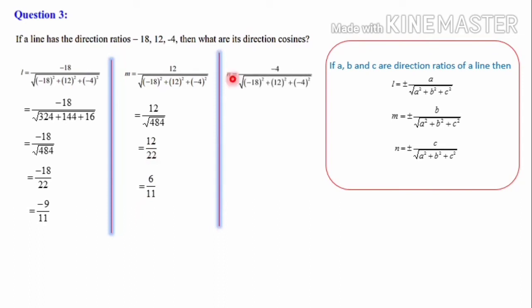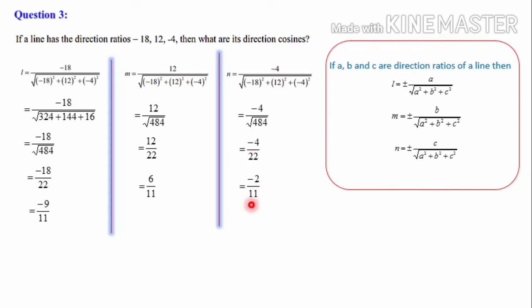Next is n, which is c, that is minus 4, divided by root of a square plus b square plus c square, that is minus 4 divided by root of minus 18 the whole square plus 12 square plus minus 4 the whole square. That is equal to minus 4 divided by root of 484, which is 22.